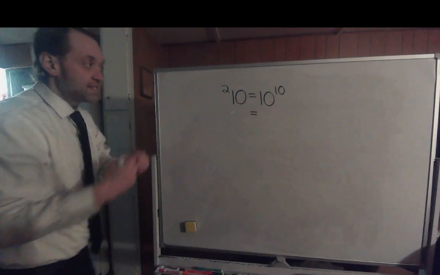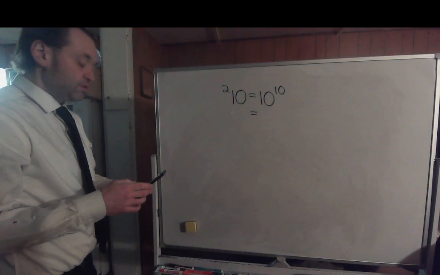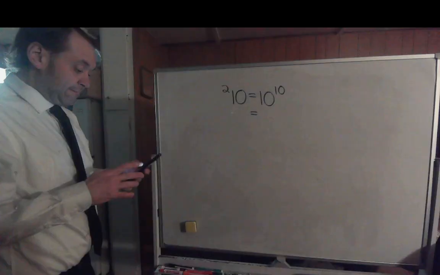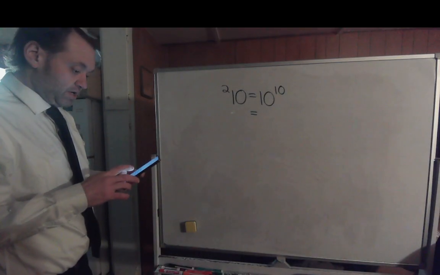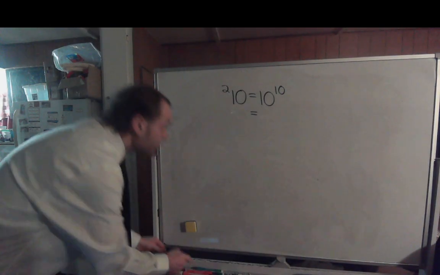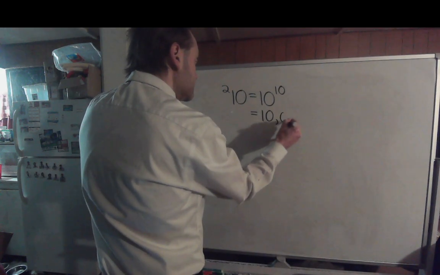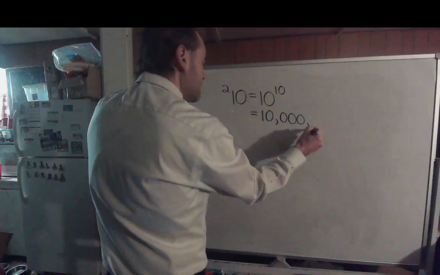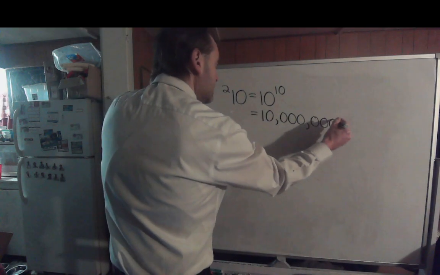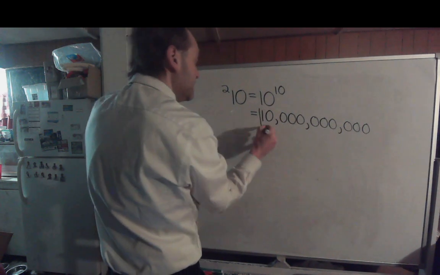So what the heck is 10 to the 10th power? It's not going to be a pretty number. That should be 10 billion, I'm pretty sure. Yep, that would be 10 billion. So you'll end up getting an answer of 10 billion for the second tetration of 10.